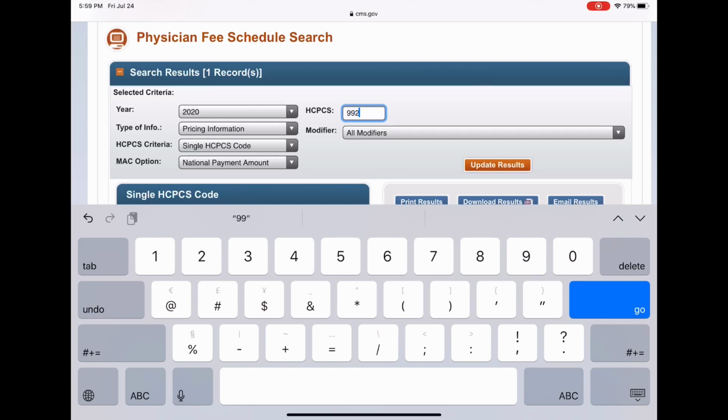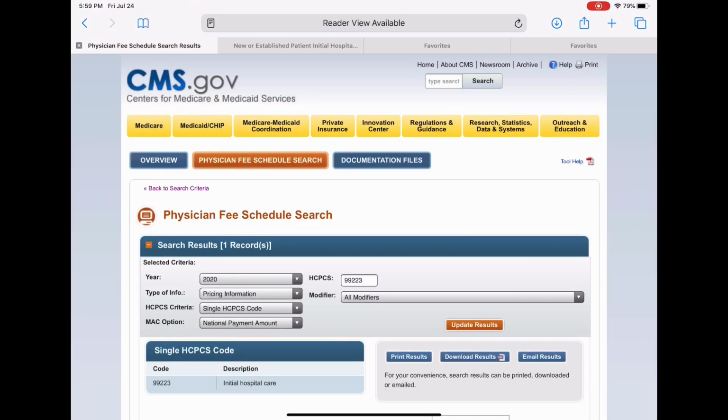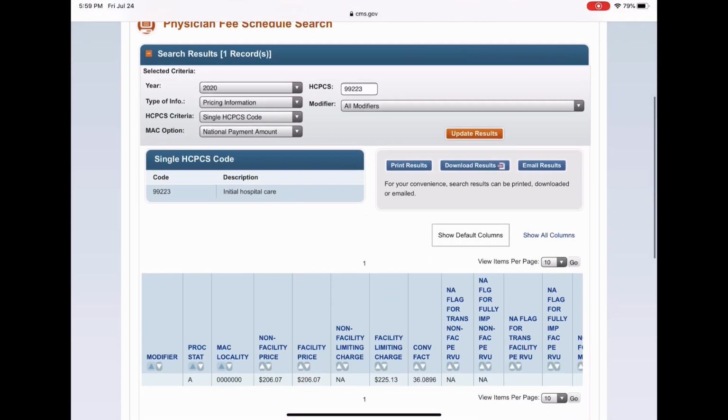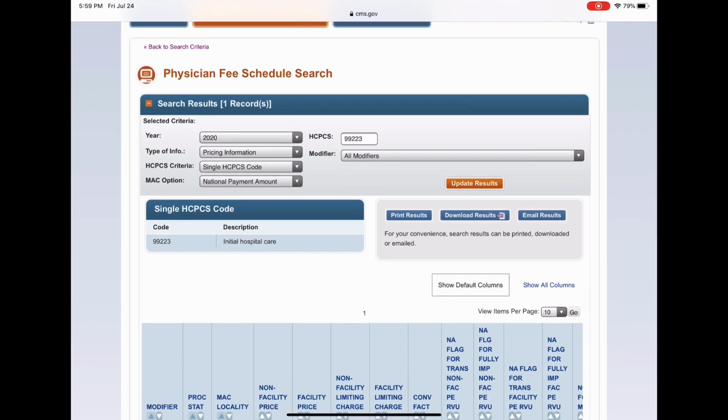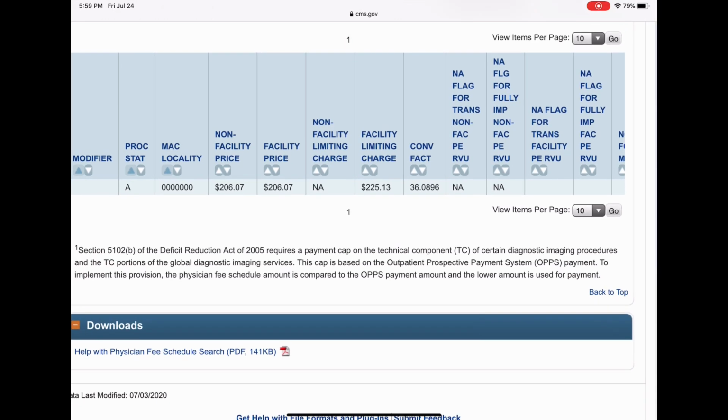What you think you should have billed was a 99223, because the patient was sick and high decision making, and so the 99223 should be right, but you're missing that one little element. So let's look at what you would have gotten paid for that had that been coded correctly and documented correctly.